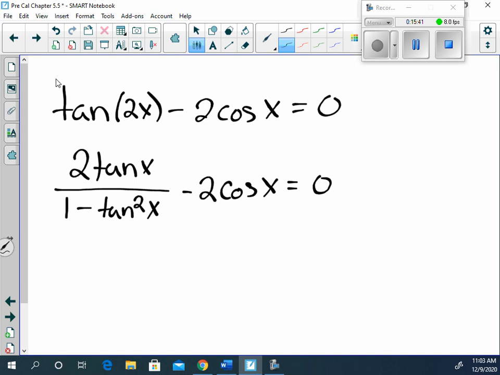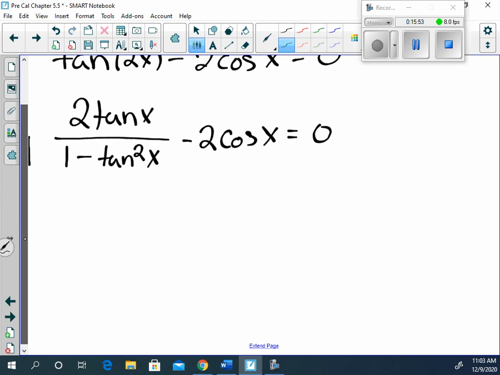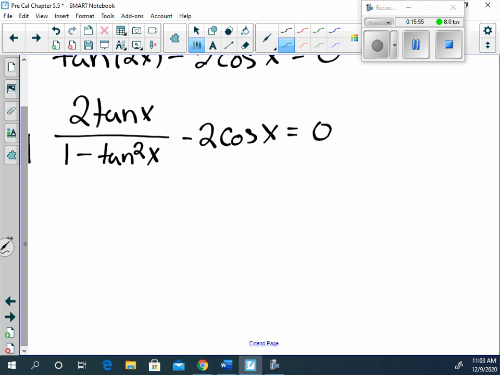We have this here. And again, we're wanting to try to solve this for x. I don't know about y'all, but I don't like having fractions if I can avoid it.